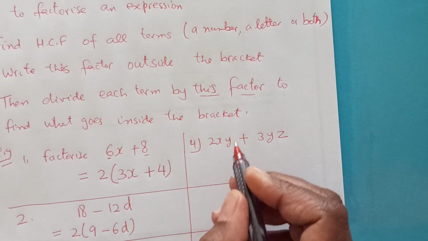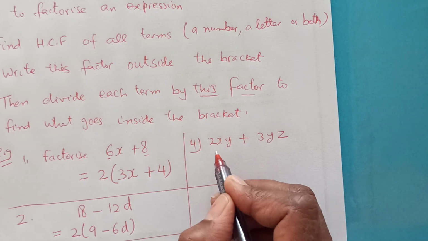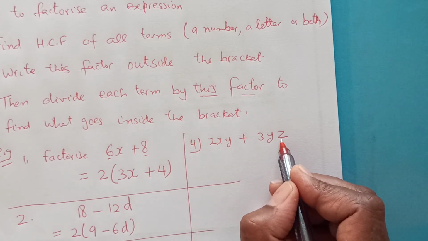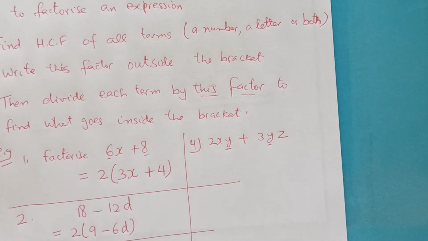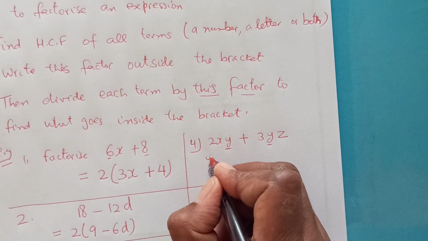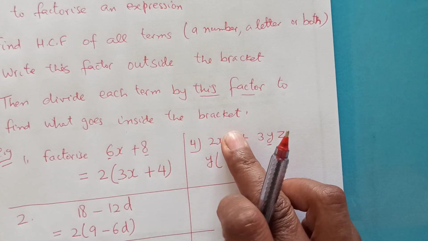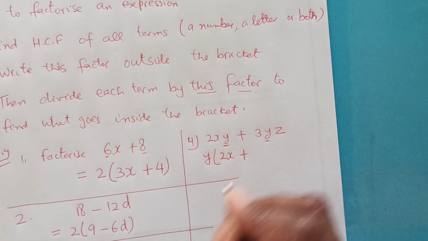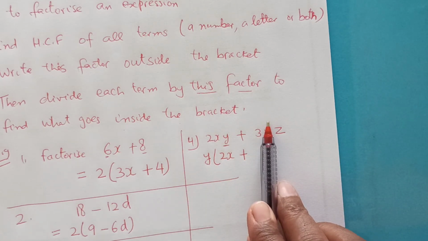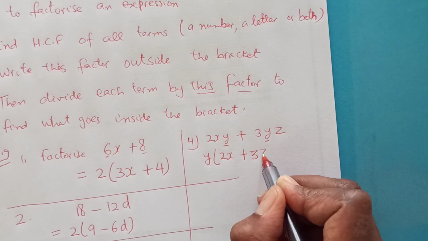Let's look at the variables. x is not there in the second term, y is here, y is also there in the next term. So we can take out y here, then divide. This y will go, you will be left with only 2x plus, then y goes from here, so we are left with 3 and z, so 3z.